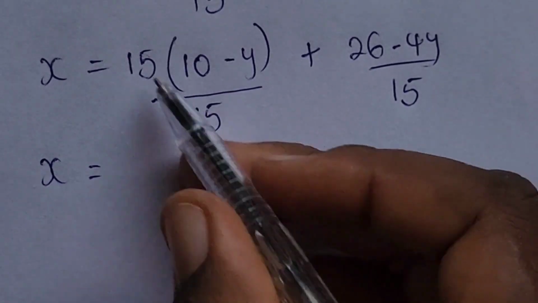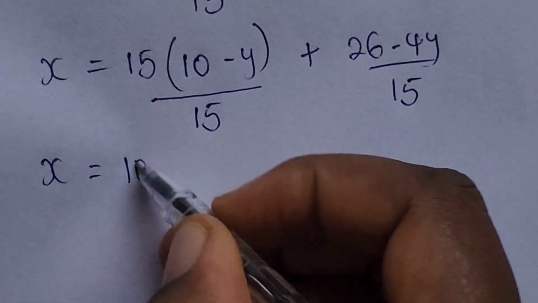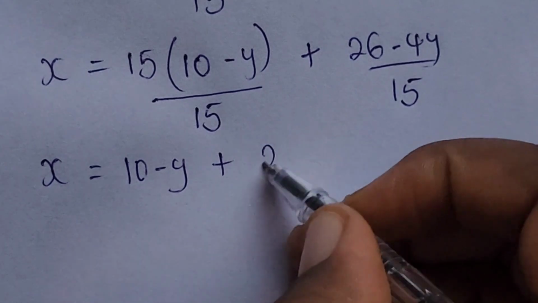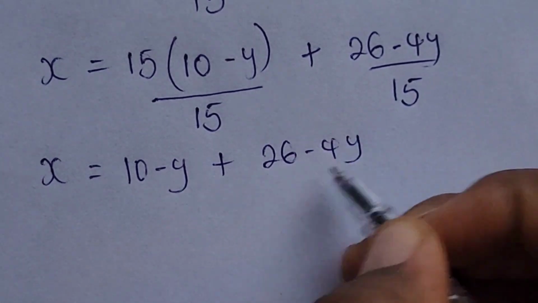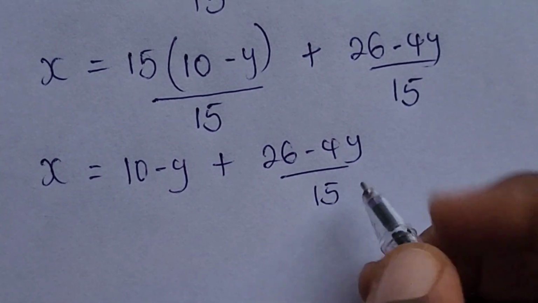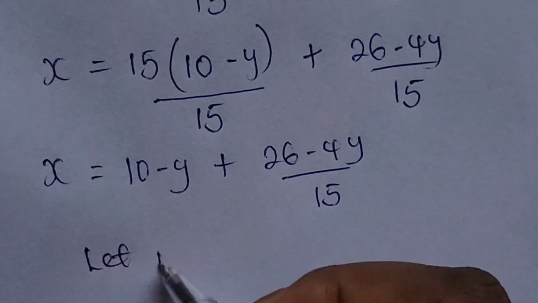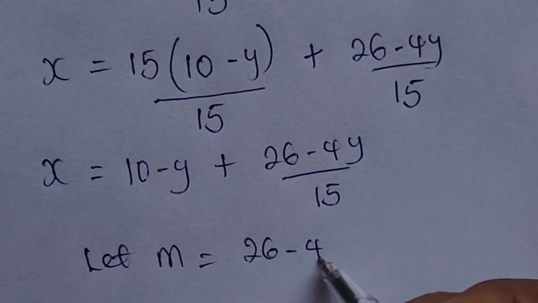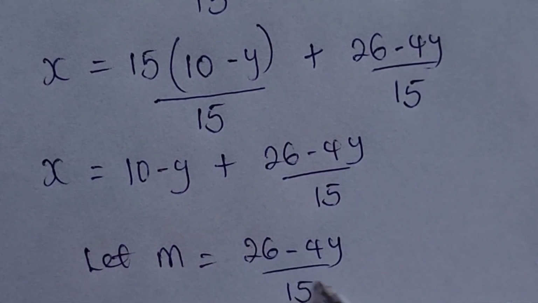So our x is equal to, this cancels this, 10 minus y plus 26 minus 4y all over 15. So let's let m be equal to this fraction, which is 26 minus 4y over 15.